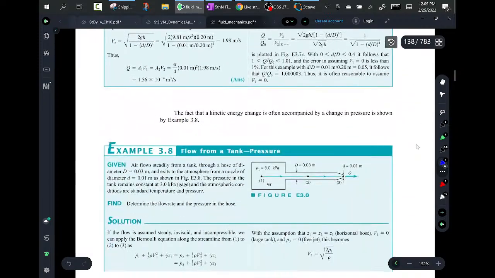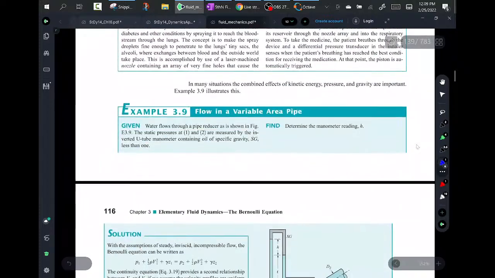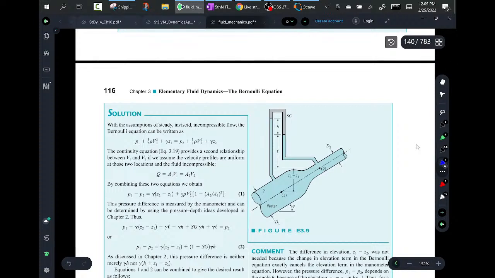So let's look at one of the particular problems which I find to be very interesting, which is this one. Here's a case, and there's others like this too, where I worked a problem like this the other day, where you basically go from 1 to 2 using Bernoulli's equation through the flow. That's what he did right here.